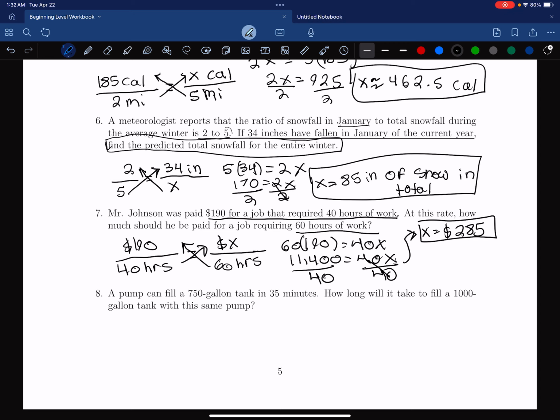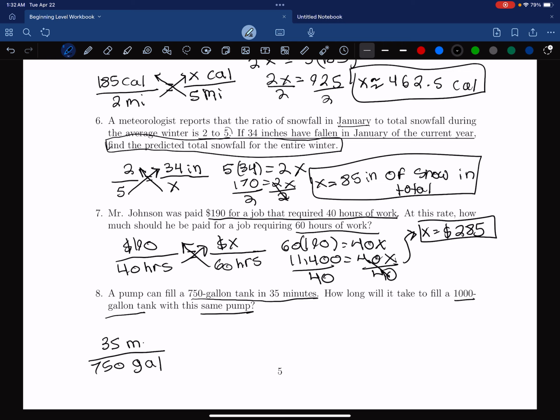Okay. Last but not least, a pump can fill a 750-gallon tank in 35 minutes. How long will it take to fill a 1,000-gallon tank with the same pump? So we can set up what we're given. We're given 750 gallons for every 35 minutes.